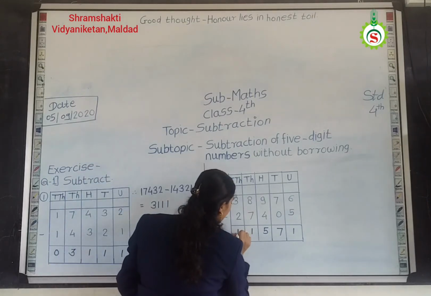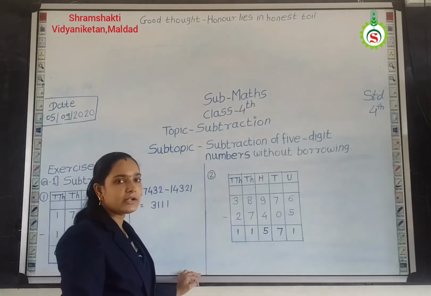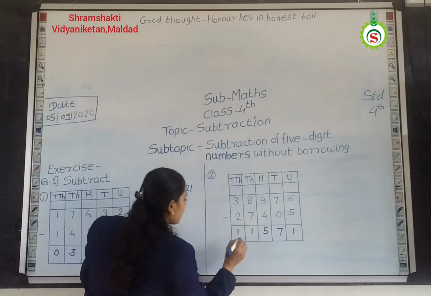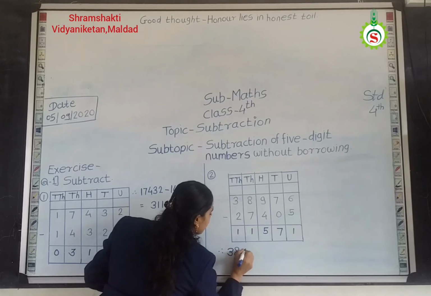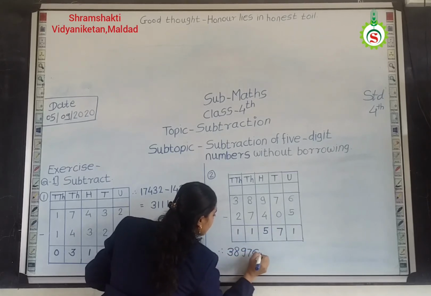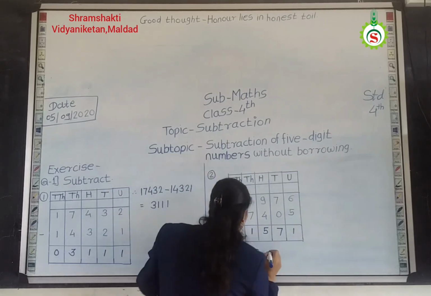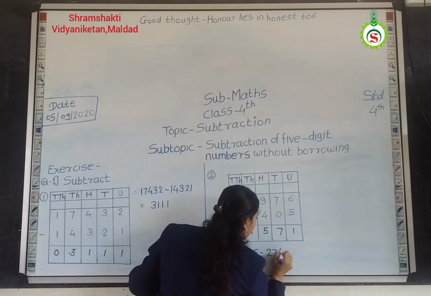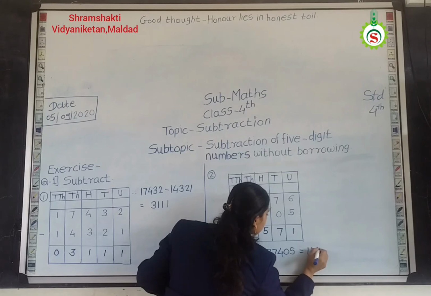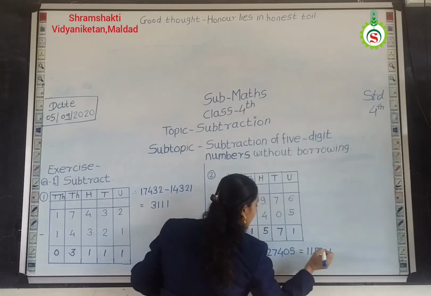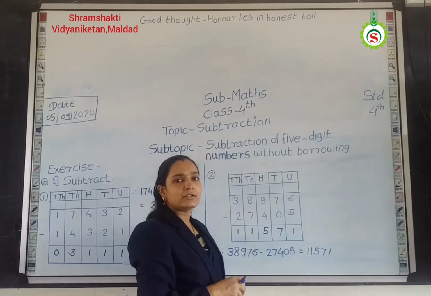Write down 1 here at the 10,000's place. Therefore, our answer is 38,976 minus 27,405 is equal to 11,571. Do you understand, students?